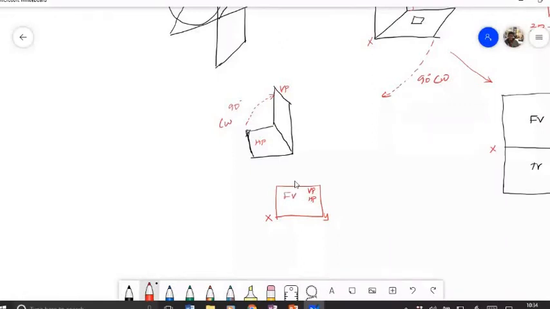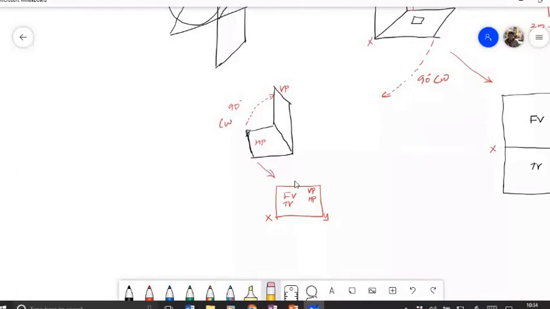Wherever the vertical plane is, you will get the front view, and wherever the horizontal plane is, you will get the top view. So FV is for front view and TV is for top view. You will get something like this. Are you able to visualize?